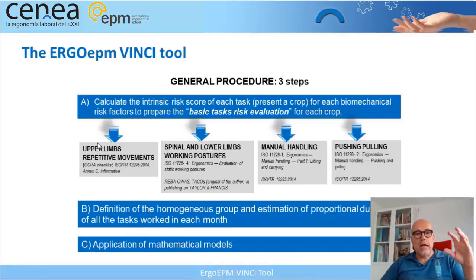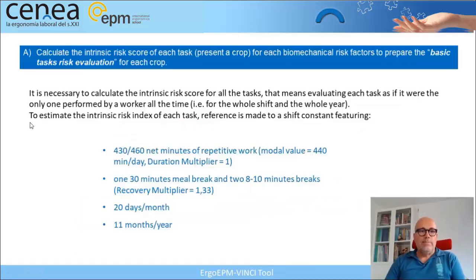The first step is to calculate the intrinsic risks of each task. The second step is to define a homogeneous group and determine the duration of dedication to each of the tasks. And the third step applies the mathematical models automatically to obtain the risk indices. In the first step, we are going to calculate the intrinsic risk indexes for each of the tasks.